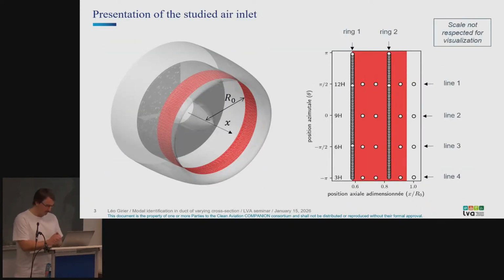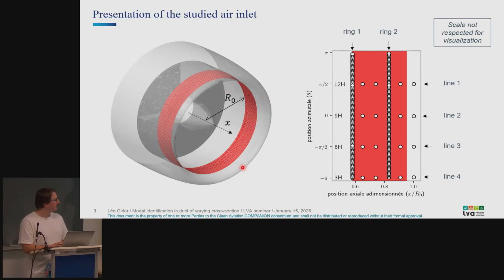Okay, just to present briefly the studied air inlet. So in this view, the fan blades have been removed. So we are left only with the walls of the nacelle outside and of the hub or spinner here. And it is in this duct that we will investigate the sound propagation. And in particular, we will have access to the wall pressure along this red band represented on the figure.